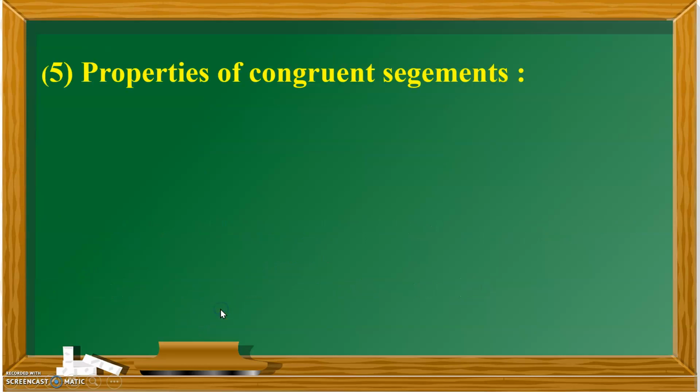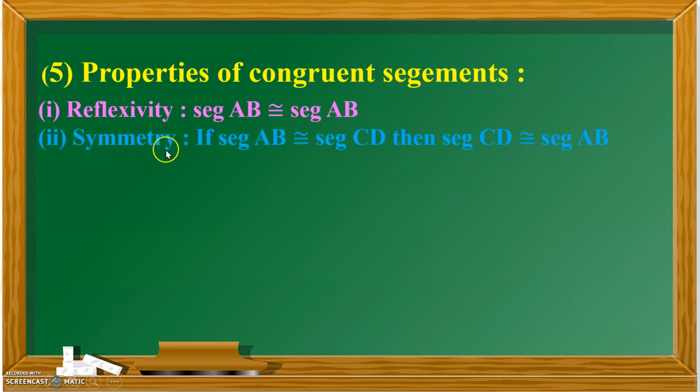We now proceed to properties of congruent segments. The first property is reflexivity, which means that segment AB is always congruent to itself. Every segment is congruent to itself. That is called reflexivity. Second is symmetry. If segment AB is congruent to segment CD, then segment CD is also congruent to segment AB.